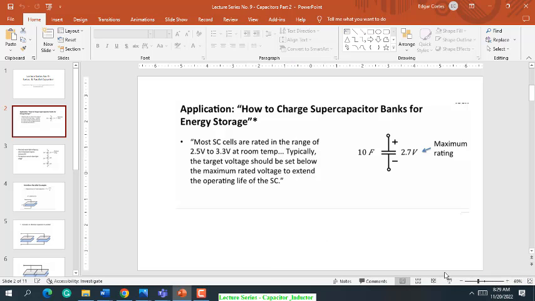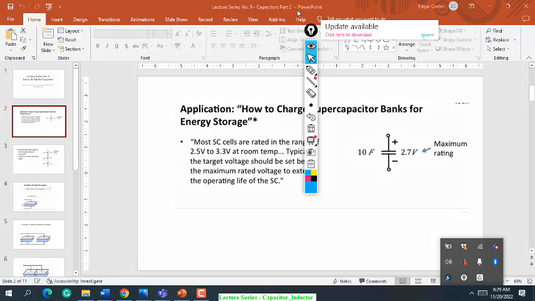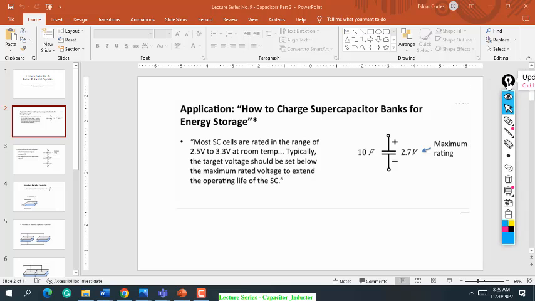I hope it's clear. So in our electronic devices, since we have this range only, what we do is put them in series to attain maximum voltage.